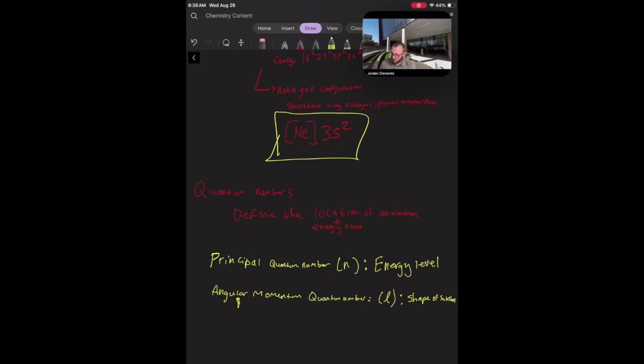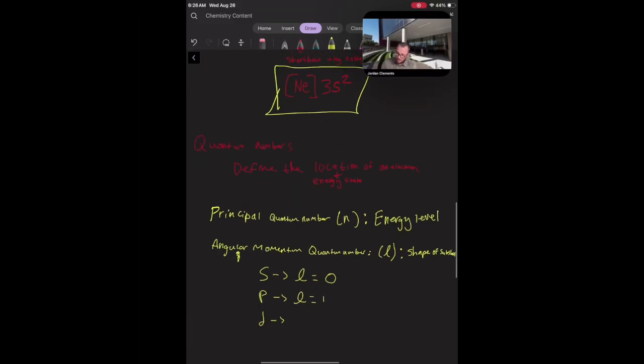So this is just different ways of notating s, p, d, and f. If we have s, we have l equals 0. If we have p, we have l equals 1. If we have d, l equals 2. If we have f, l equals 3.